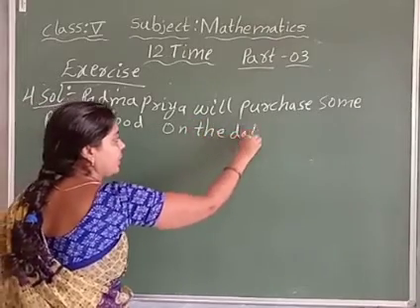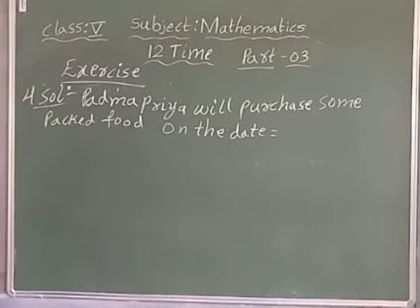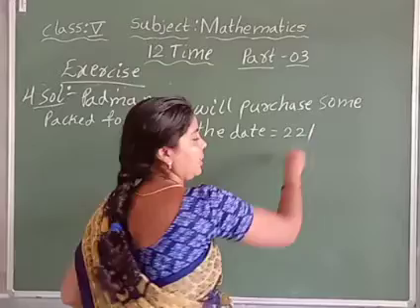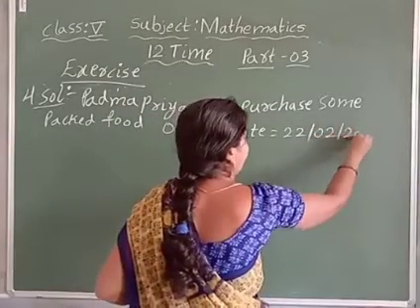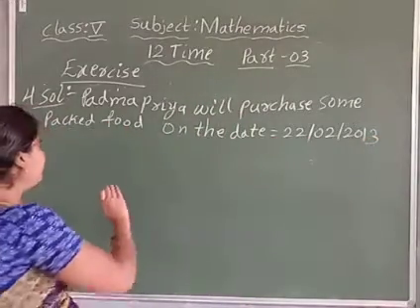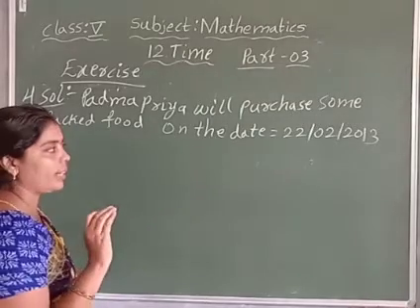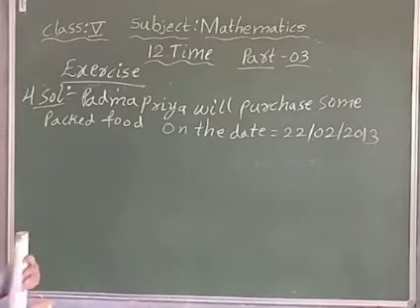Which date is given there? Sorry, you have to see in your textbook too, which date is given. So 22 February 2013. 22 February means the second month, February 2013. See here. Padma Priya will purchase some packet food on the date. Which date? 22 date, February month, 2013.